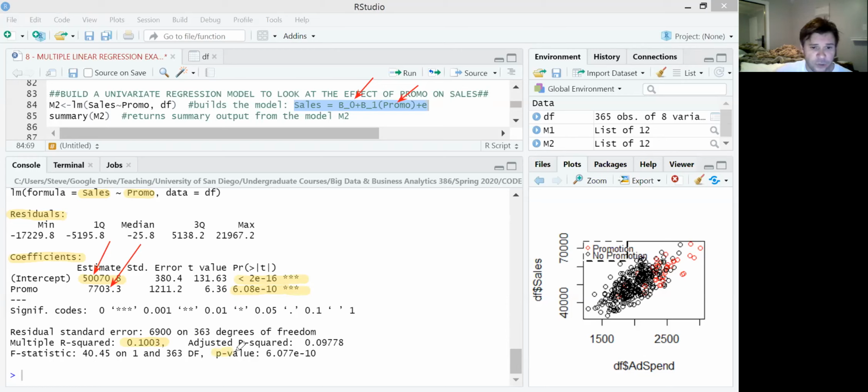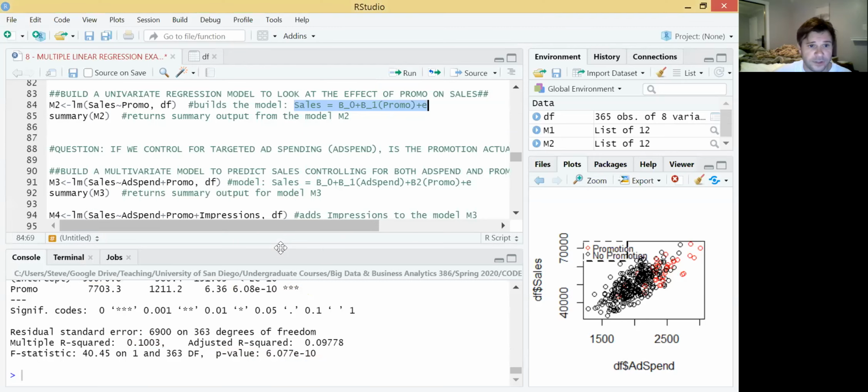And the model is jointly significant, right? The F-test, we get a p-value there. Again, very, very close to 0, definitely smaller than 5%, definitely smaller than 0.1%. So does promotion seem to affect sales? Again, it does, but we've only built this model with promotion as the X variable. We haven't yet tried to control also for ad spending at the same time, which we know is positively associated with the degree of sales.